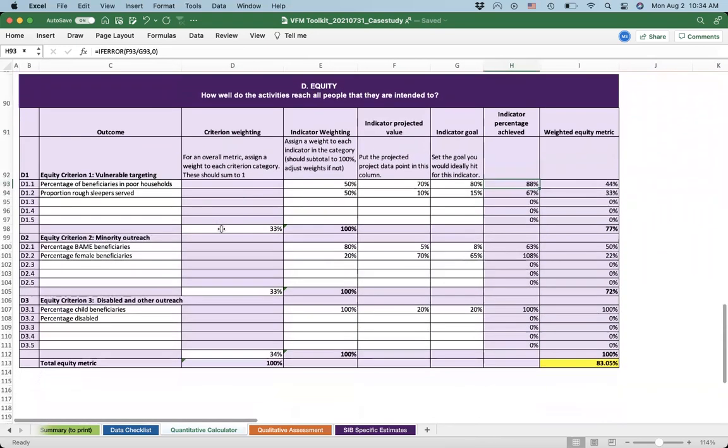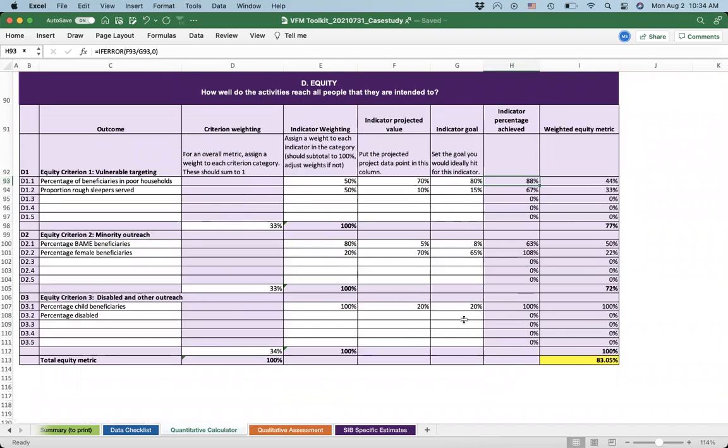So what you can do is put in all the different equity metrics that are important to your project. You can think through them with your team. You can maybe put them in from different guidelines that your local authority has already put together. But generally, you put in these metrics and then you put in your projected value. So what do you really think you're going to get?